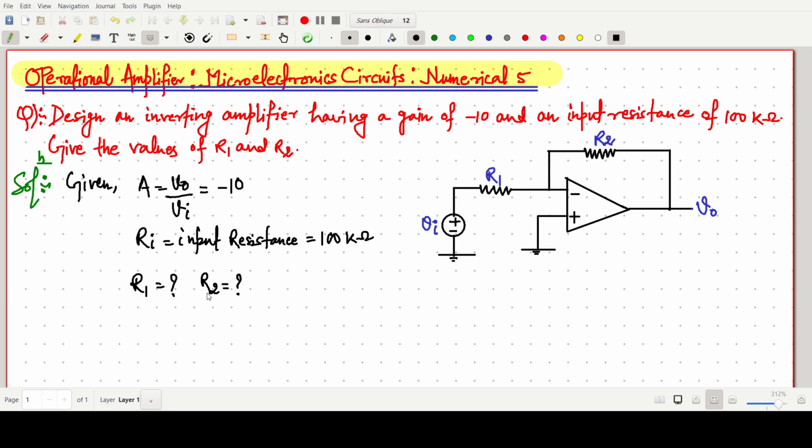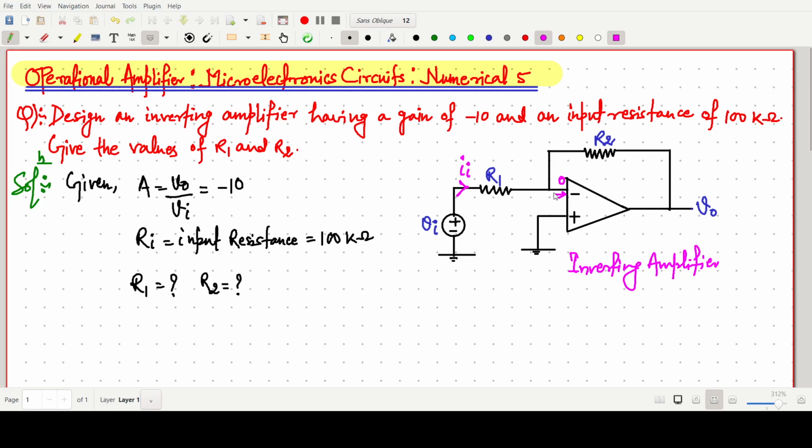This one is basically a very simple inverting amplifier. For the time being I am saying this current is Ii.